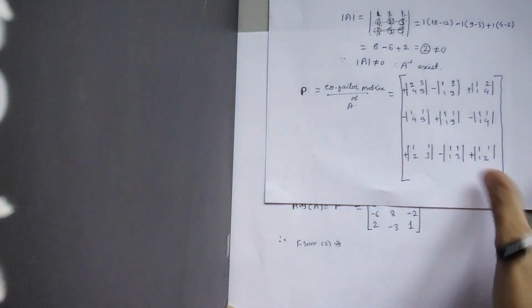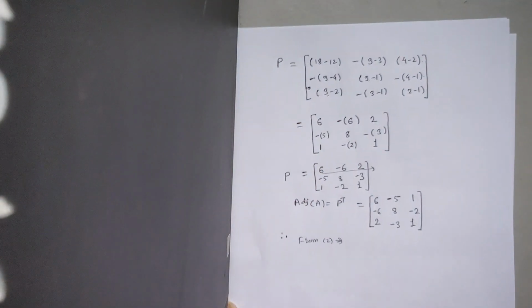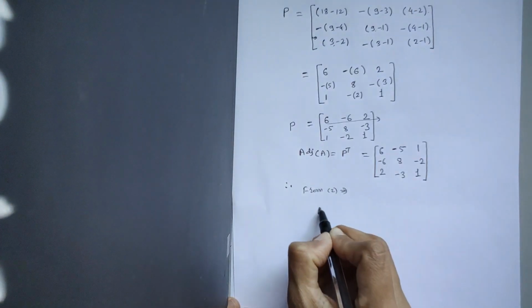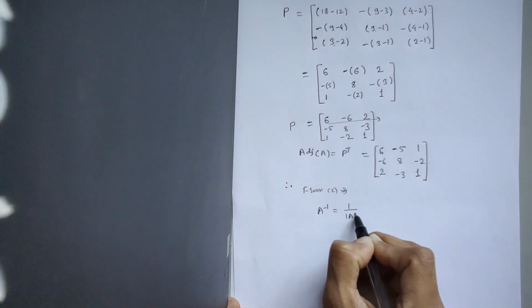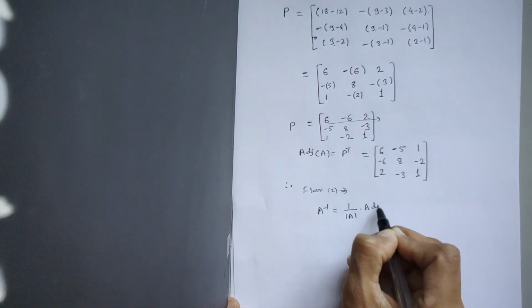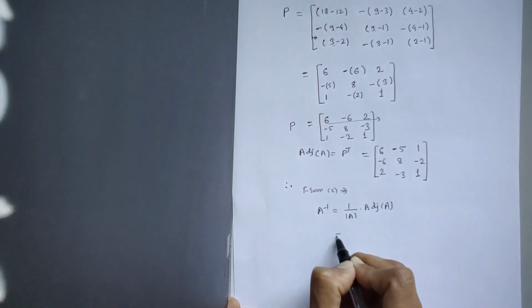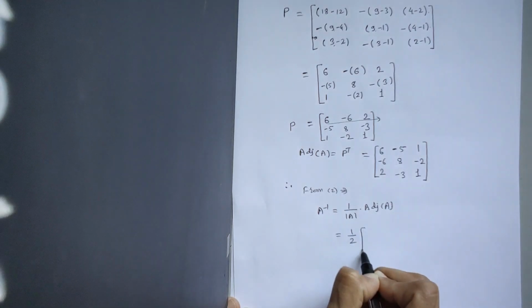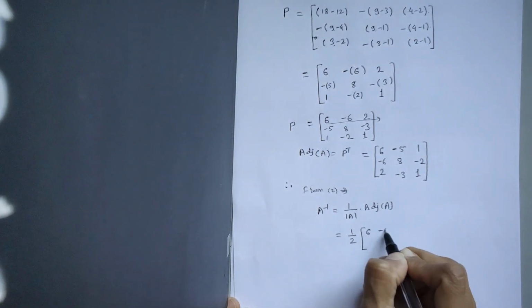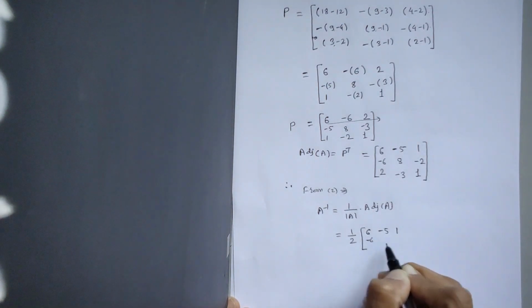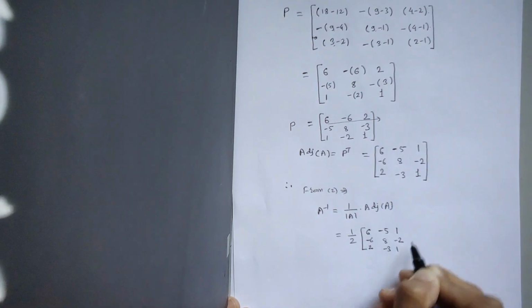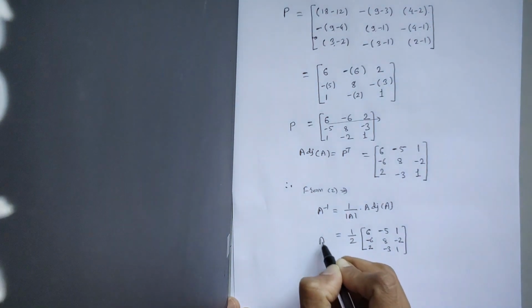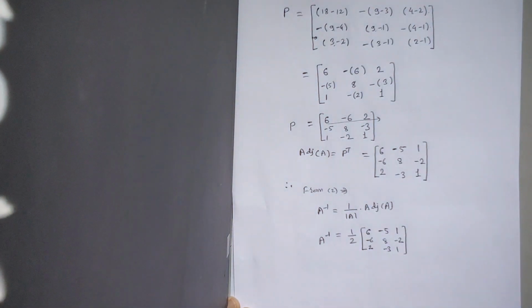So from equation 2, A inverse is equal to 1 upon mod A into adjoint of A, which is 1 by 2 into 6, -5, 1; -6, 8, -2; 2, -3, 1, and that is my A inverse. Okay, right?